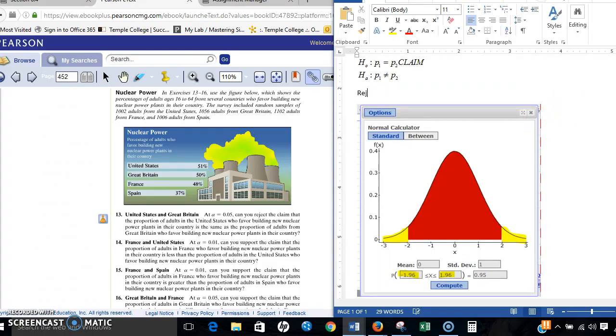I need to do two things. I need to do the critical values for z sub 0.